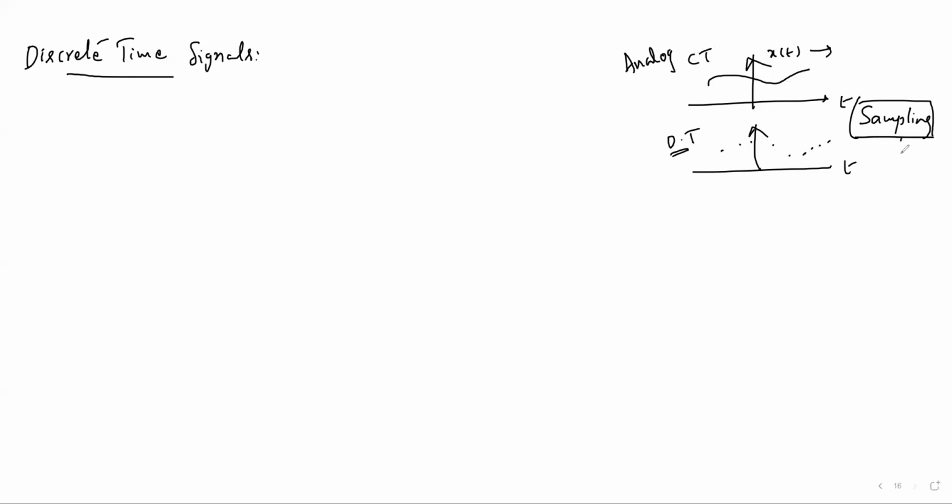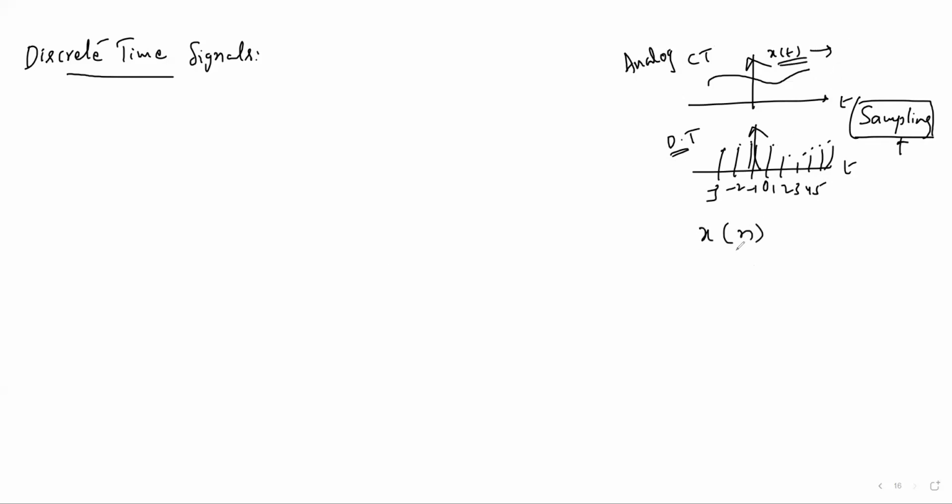This sampling operation, of course, we'll discuss in future. For the time being, just take the discrete time signal as a signal which is defined at discrete instances of time, only at integer values of time: 0, 1, 2, 3, 4, 5 like this. We will represent this signal as x of n, whereas for continuous time we use x of t.